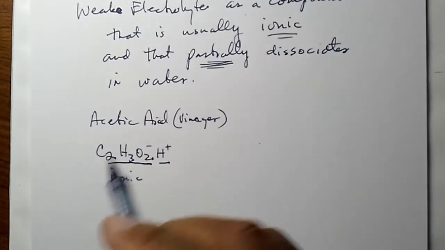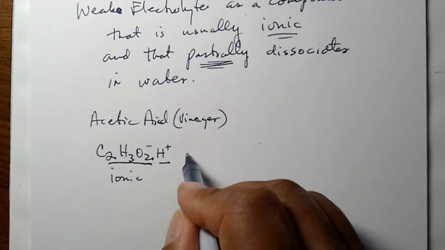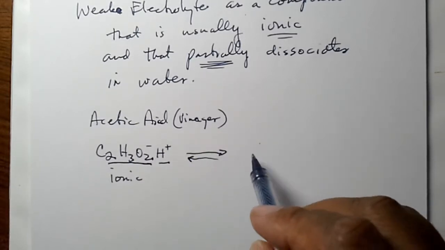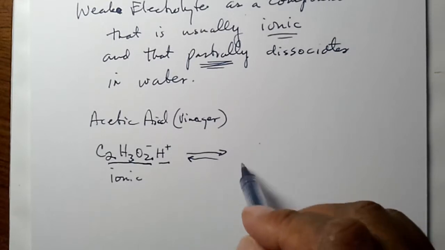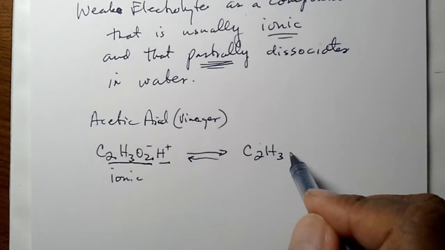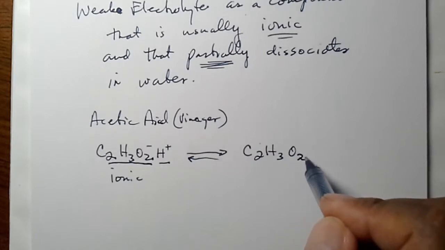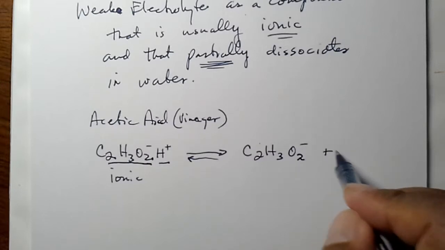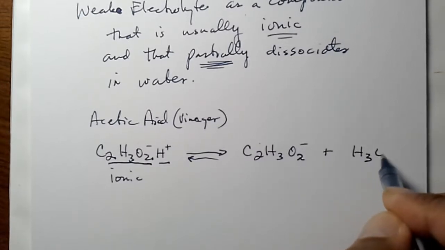And so in solution, acetic acid will dissociate to form the conjugate base plus the weak acid.